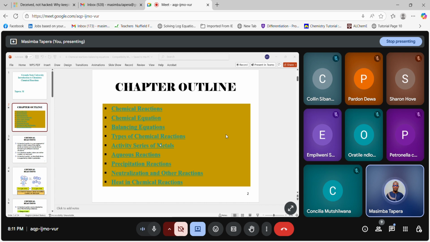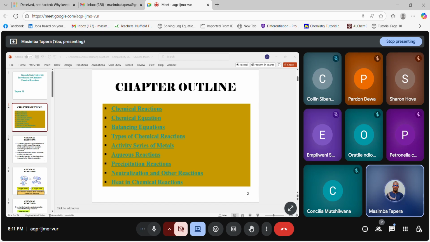Those are the things that we are going to cover in this unit. But for today we are going to introduce chemical reactions. We are going to talk about chemical equations and the aspect of balancing chemical equations.